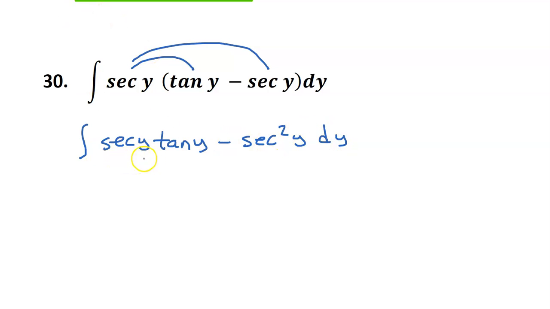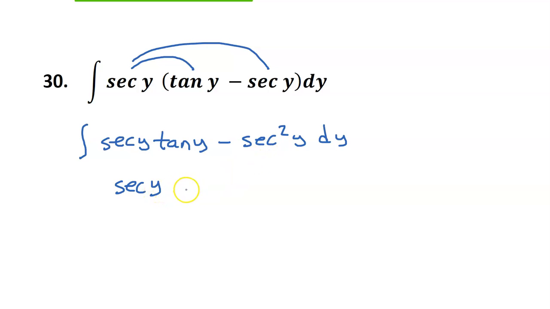Now I am going to integrate term by term. So in a case like this, I ask myself, the derivative of what is secant tangent? And we learned in first semester that the derivative of secant is secant tangent. That makes this the antiderivative.